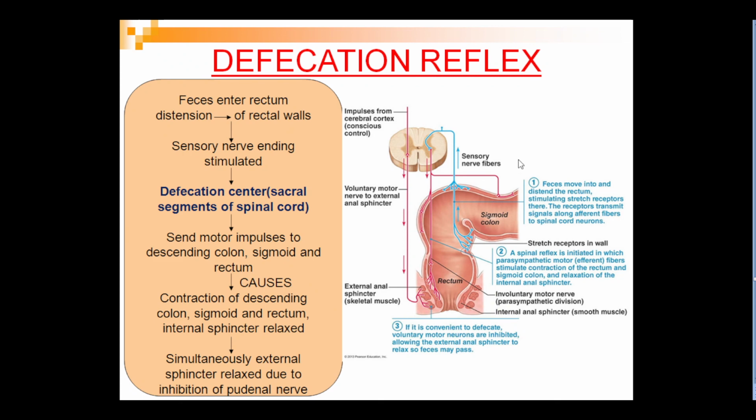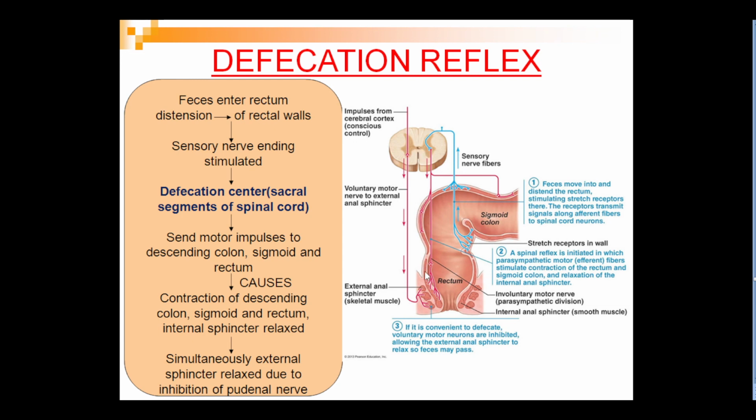Defecation center is within the sacral segments of the spinal cord, which belongs to the parasympathetic nervous system. And whenever there is a distension, signals will be sent to the parasympathetic nervous system that that's the time to go and defecate.